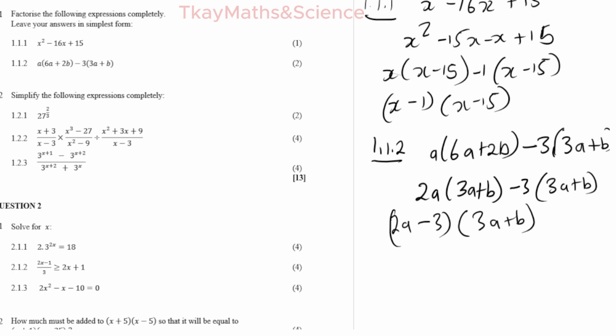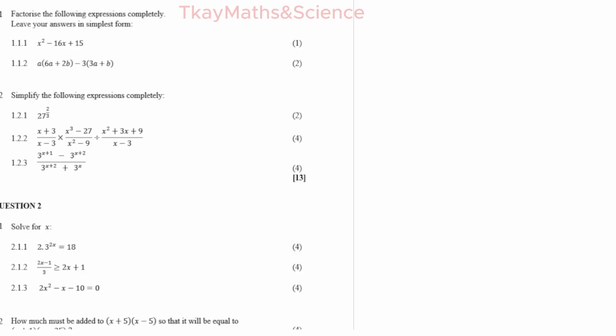Let's go on to the next one, which is 1.2. So it says simplify the following expressions completely. So we got here 27 to the power of 2/3. Okay.